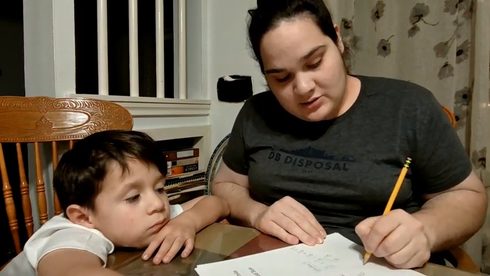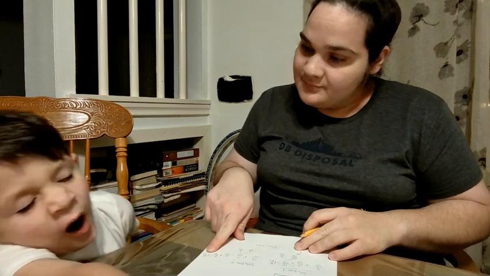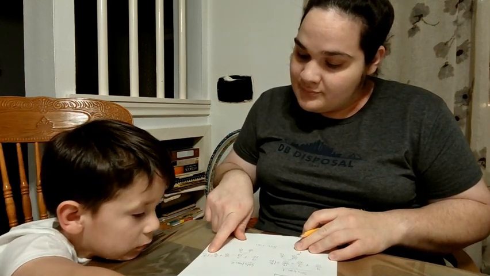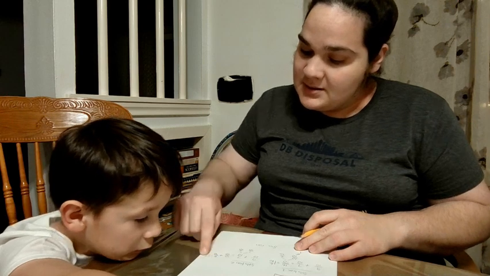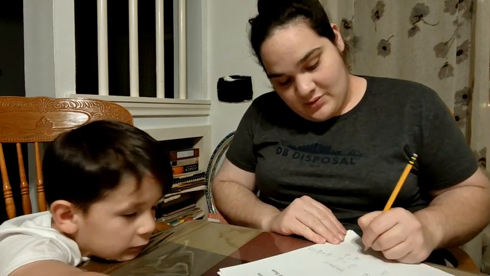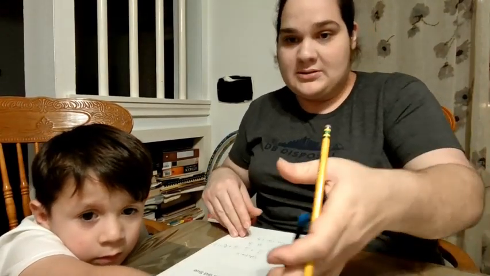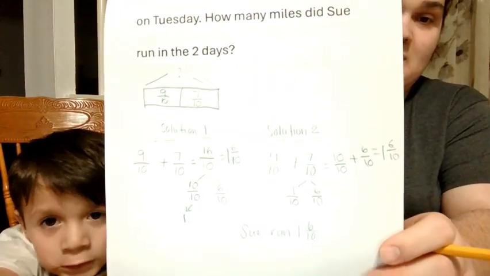Now we have to write out our answer. Sue ran 1 and 6/10 miles. Yes, don't forget our units. Okay, so that is our addition problem.